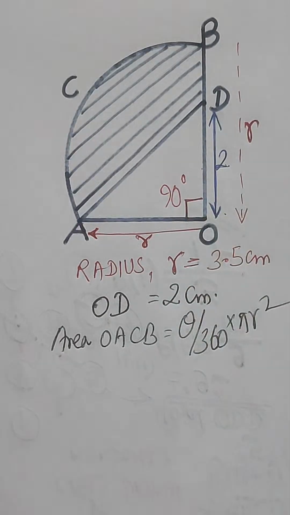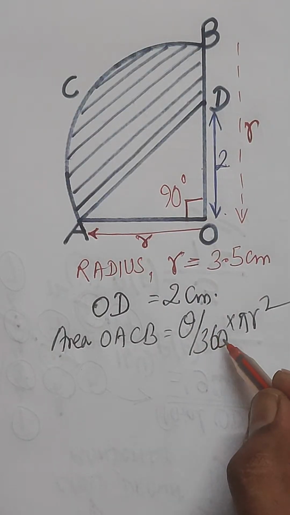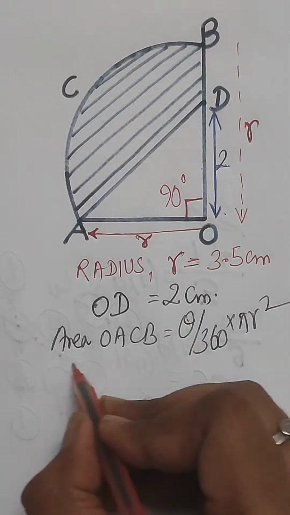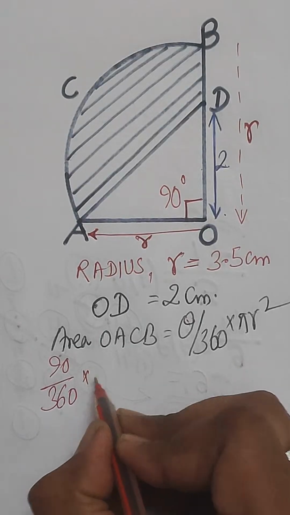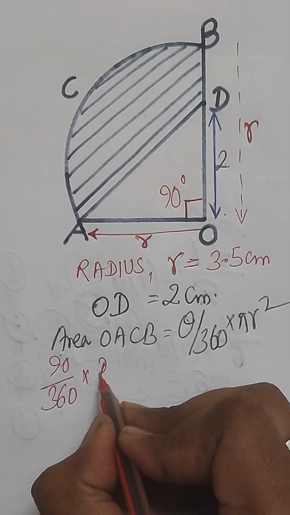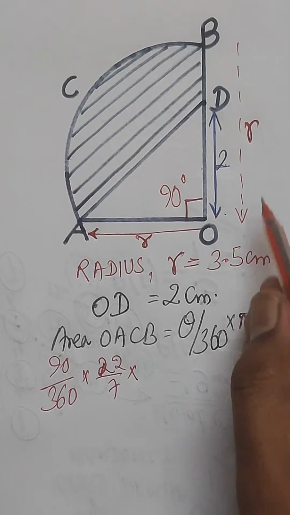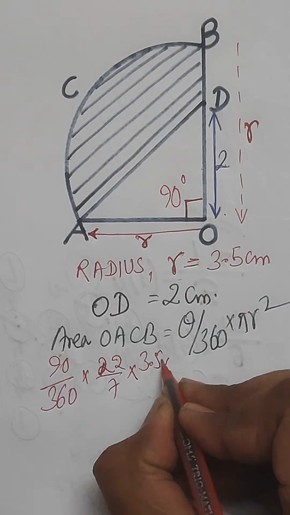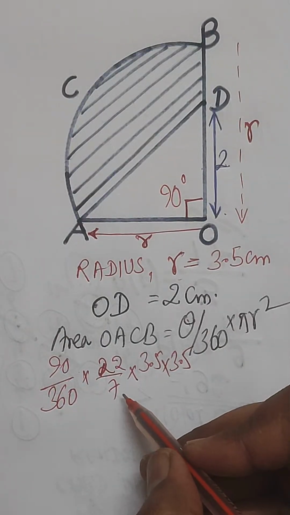So in place of theta, put 90 by 360 into pi r square. Pi is to be taken as 22 by 7, and r is given as 3.5, so this is 3.5 into 3.5. This will be solved very easily.